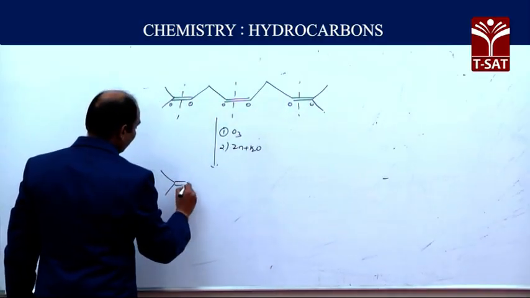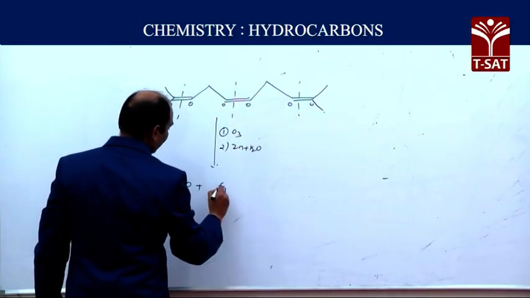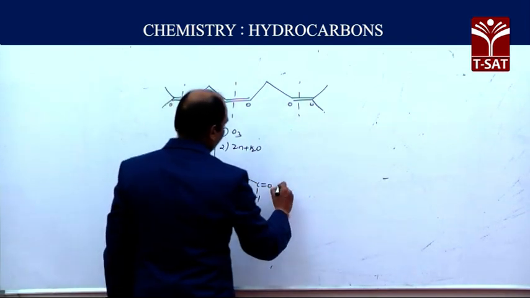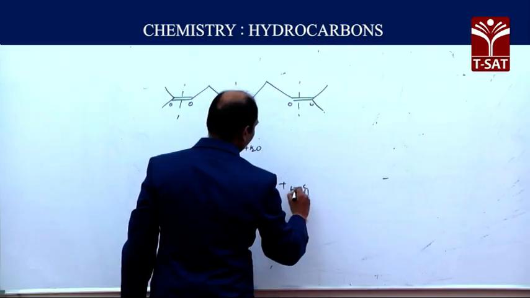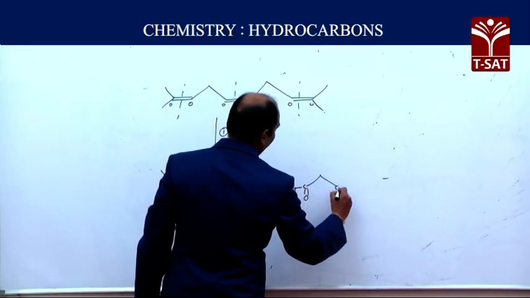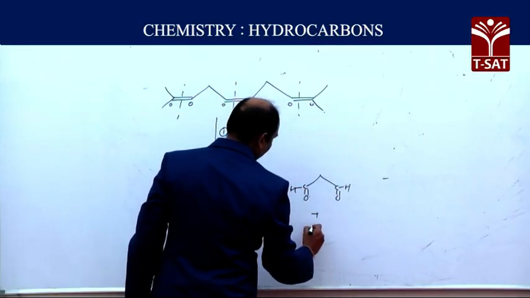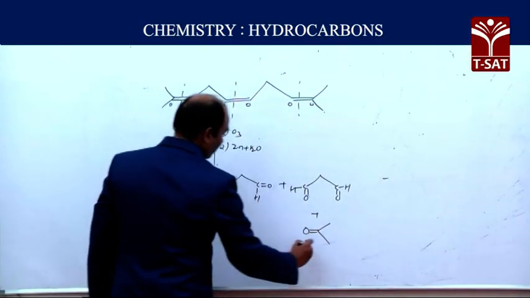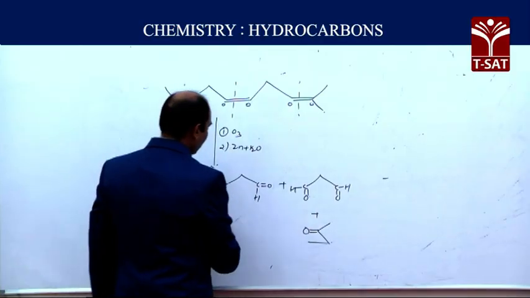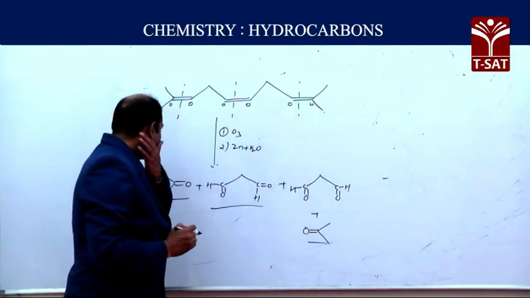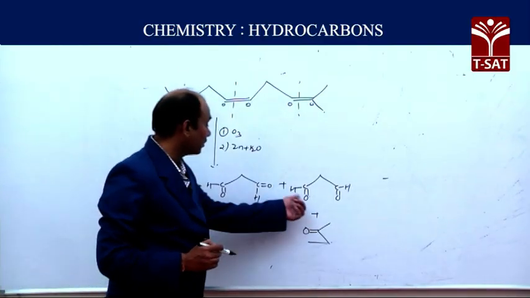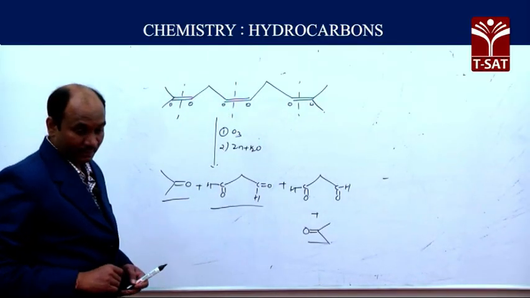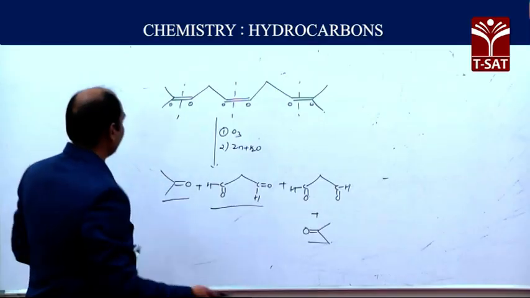So here this is C double bond O, then this is C double bond OH, this is C double bond OH, plus this is C double bond OH, this is C double bond OH, plus this is C double bond O. So this is acetone, this is also acetone. So this is 1, 2, 3, malonaldehyde. This is malonaldehyde, this is also malonaldehyde. So this is the product formed when it is subjected to ozonolysis.